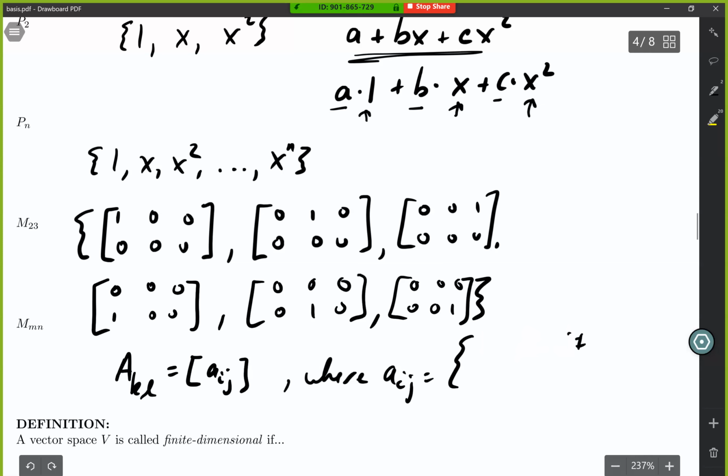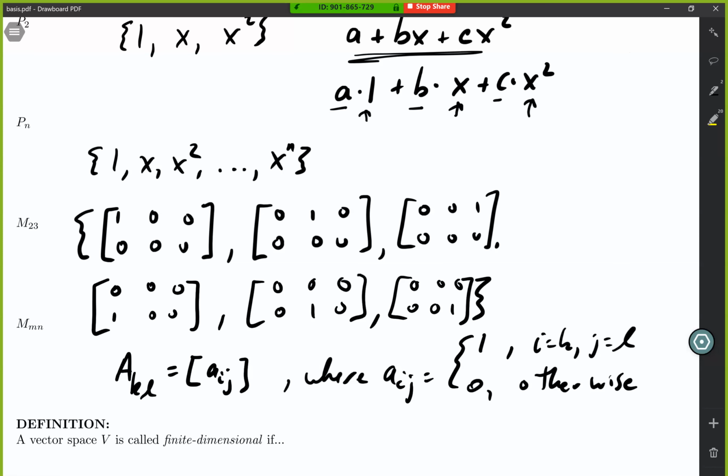Let's not write it that way. Basically, I want to write this as: I have a 1 when i is equal to k and j is equal to l, and it's 0 otherwise. I'm just trying to think of a good way to write what the entries have to look like, right? You're basically going to put a 1 in each of the entries where you need it for mn. Any question on standard basis stuff at all?